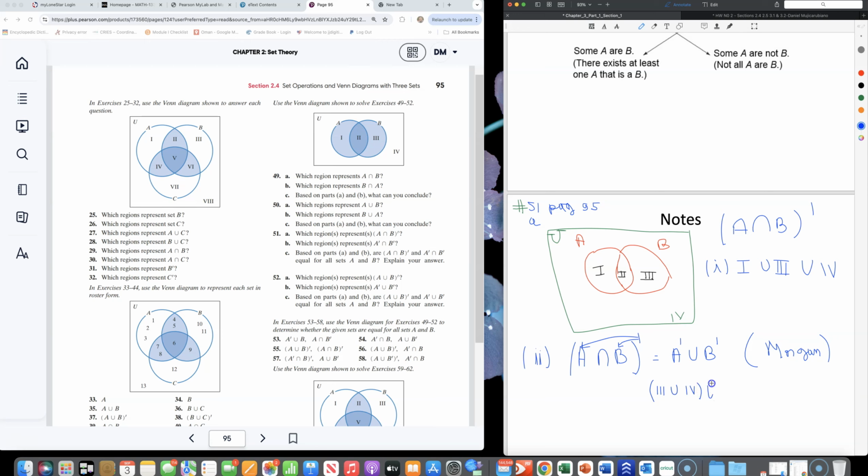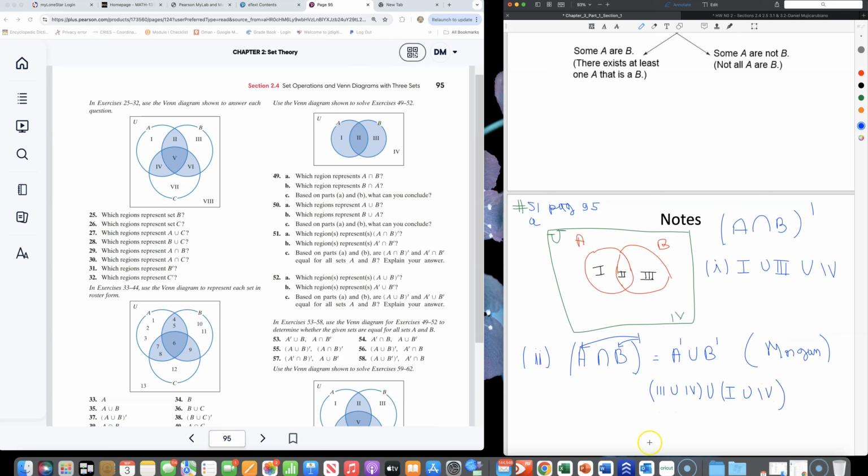Union B complement. What is B complement? B complement is everything that is not in B, which is region 1, together with this part of the universal set, which is region 4.